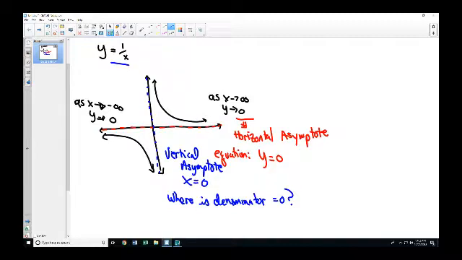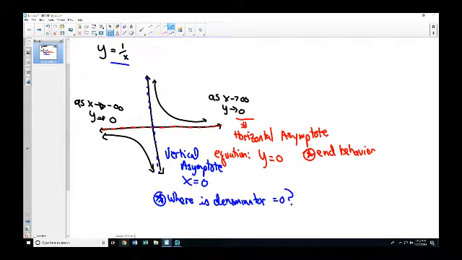And then of course the horizontal asymptote is end behavior.